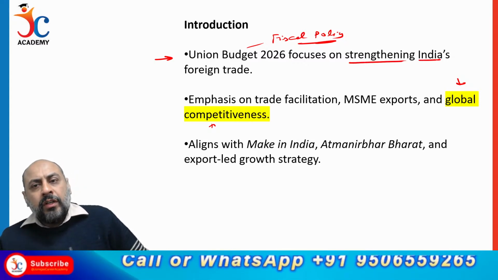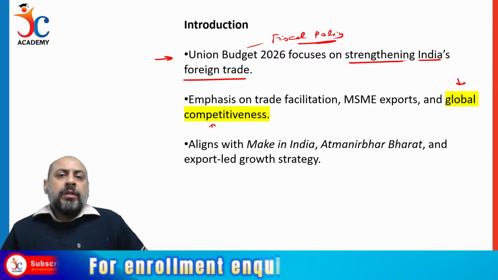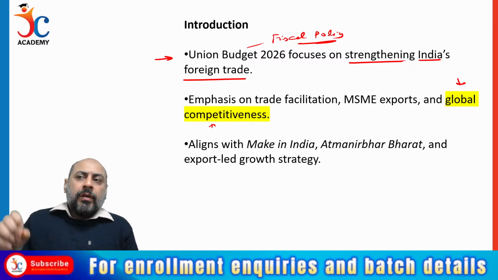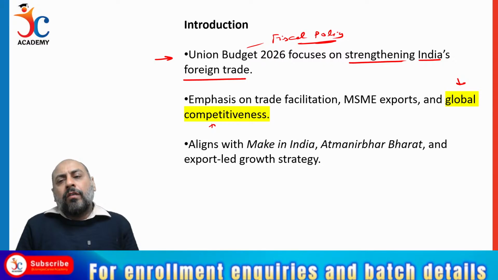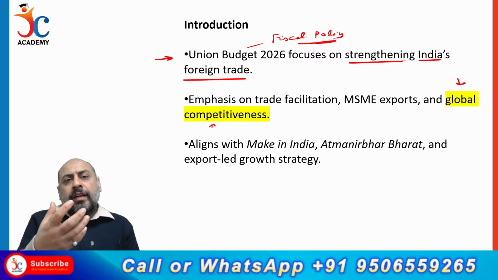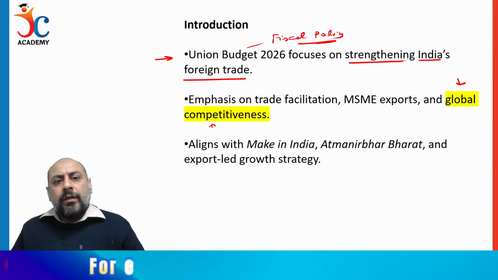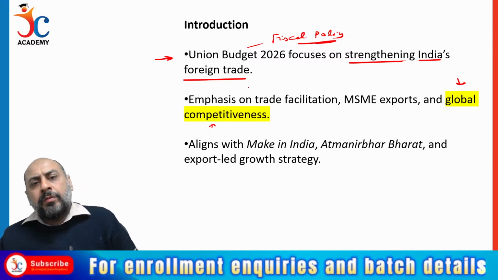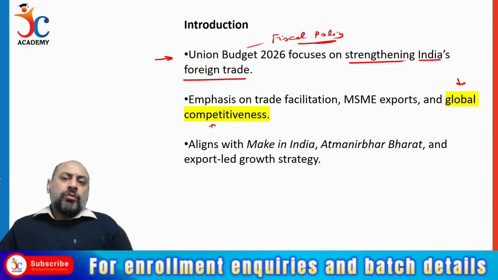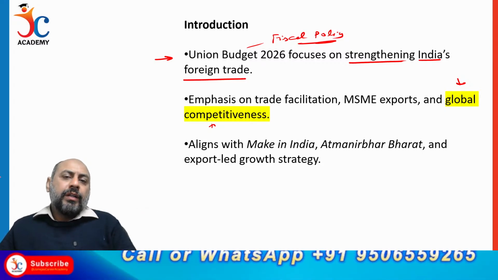And as you know, for the past few months there has been a withdrawal of foreign money from Indian markets. A lot of FDIs, FIIs have gone out of the country. And the challenge was to strengthen India's foreign trade.